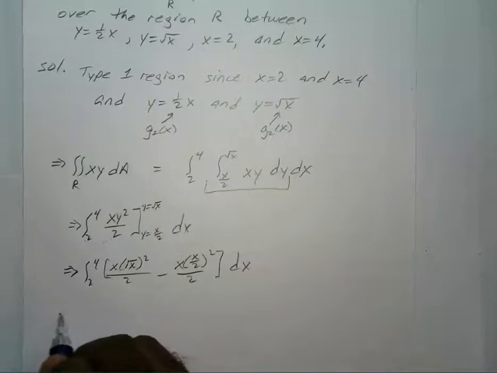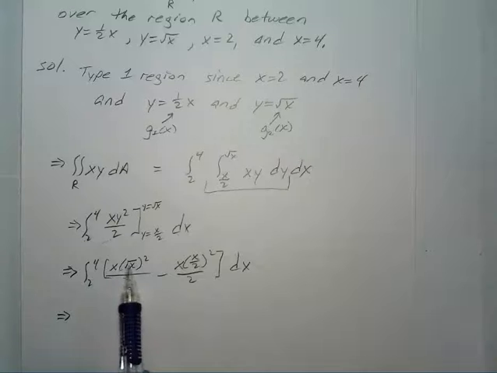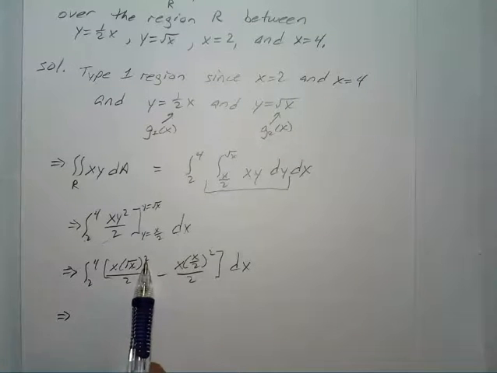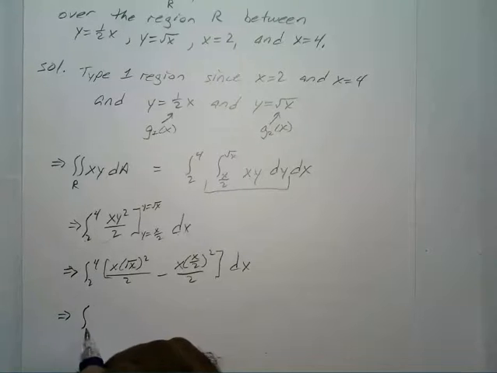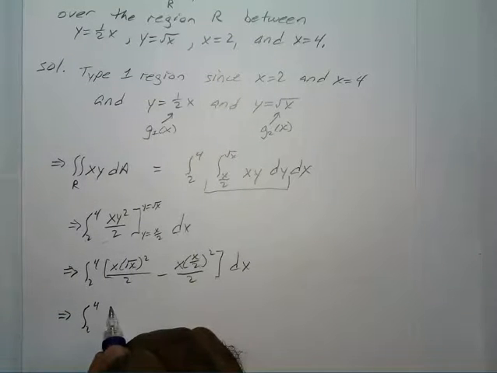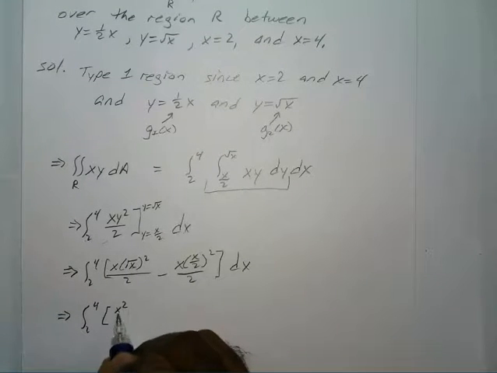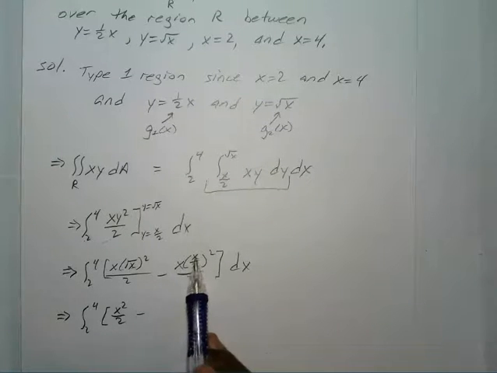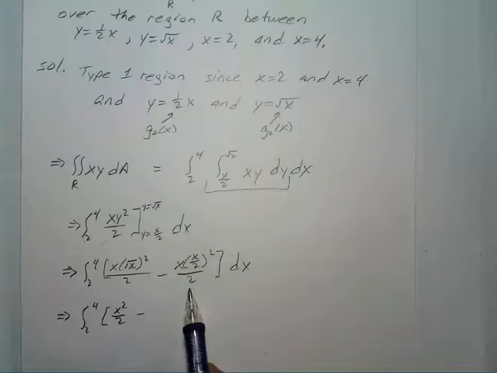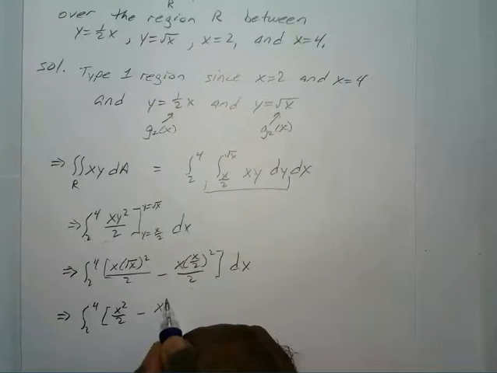Okay, so if we keep on going here, we have square root of x squared. That's just x, so x times x is x squared. So the integral from 2 to 4, you have x squared over 2 minus x squared over 4. So you have x cubed, bring that 4 down, it's over 8. So it's x to the third over 8.